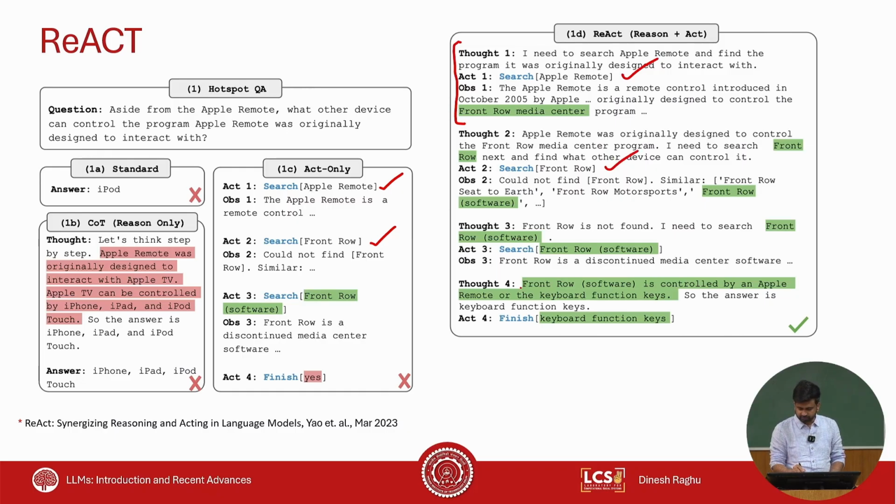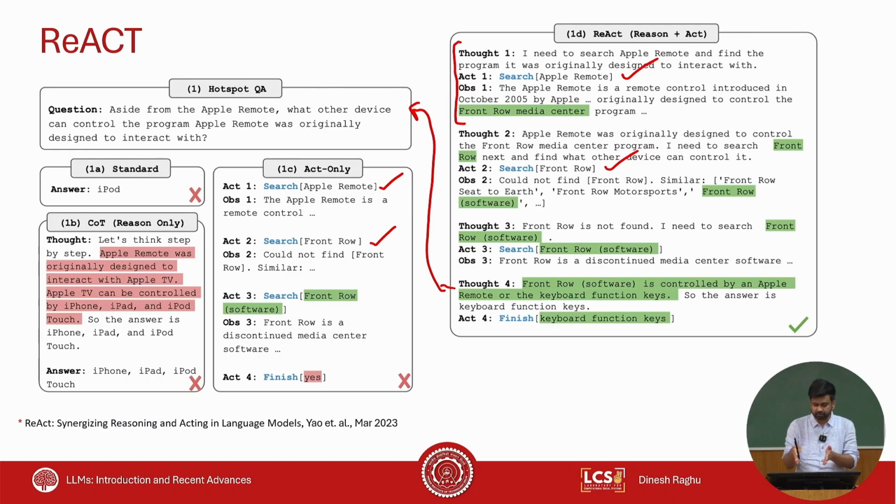But in the fourth step, where the model said finish, here the model goes back to the question at hand and tries to understand, okay, what did I start with? Typically what happens is you start this thought, action, observation cycle, and at some point in time you lose track of what you started with. So reasoning gets lost at some point.